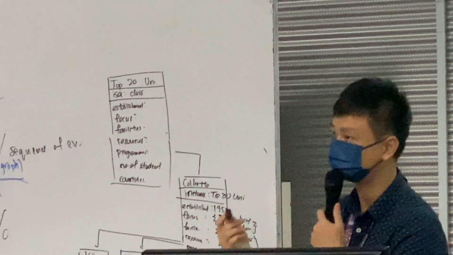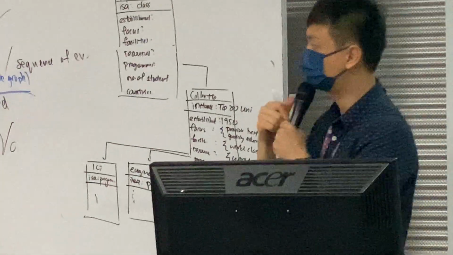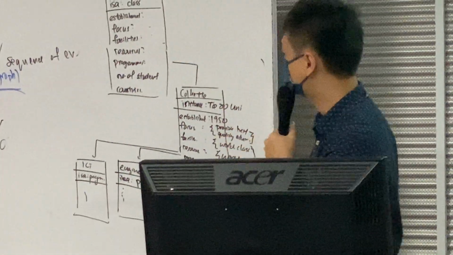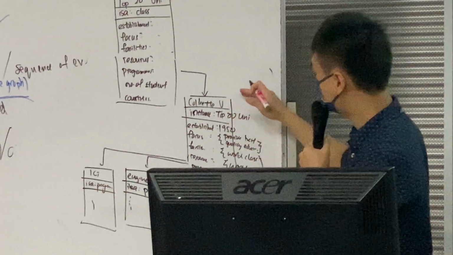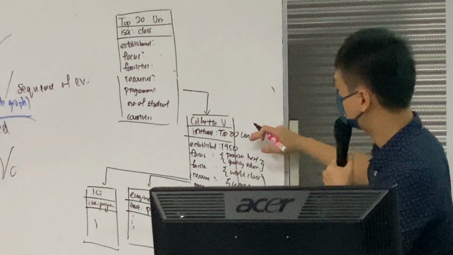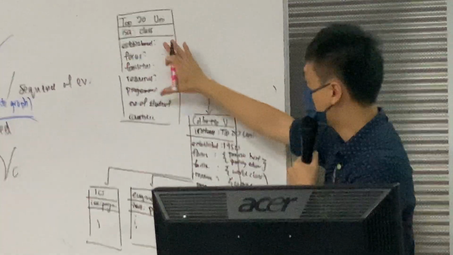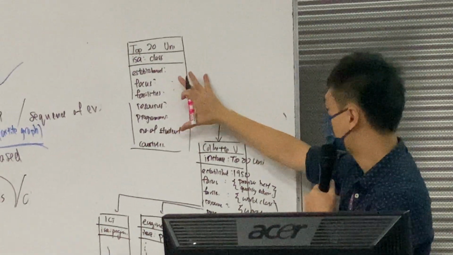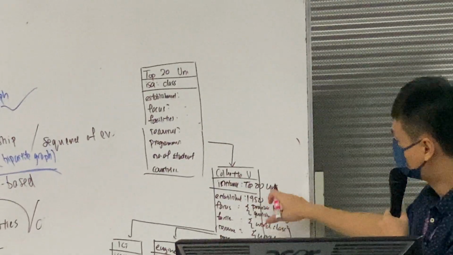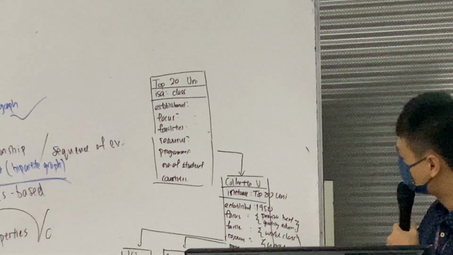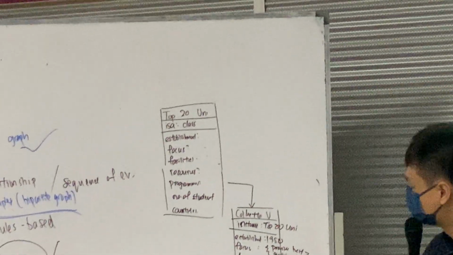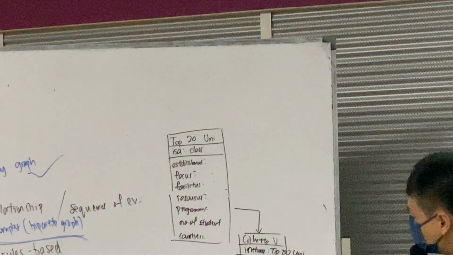As I mentioned, for a slot here, if you don't have any value, you can just leave it blank. Then we show the relationship: it's called college university. So this university is one of the examples of this frame, inheriting the properties from the top 20 university. So we know that the establishment is about 1950, and then we can put all the descriptions and also the attributes. So you still have the number of students and countries here.